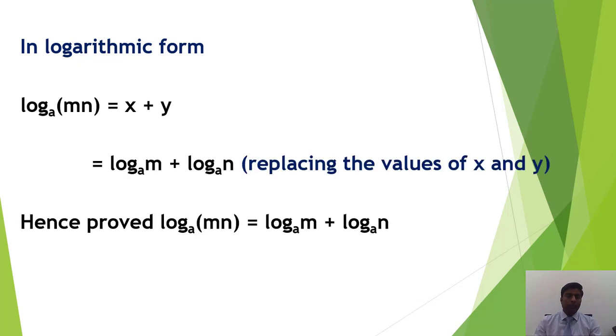Replacing the values of x and y, the value of x is log m to the base a and the value of y is log n to the base a. Hence proved: log mn to the base a is equal to log m to the base a plus log n to the base a.